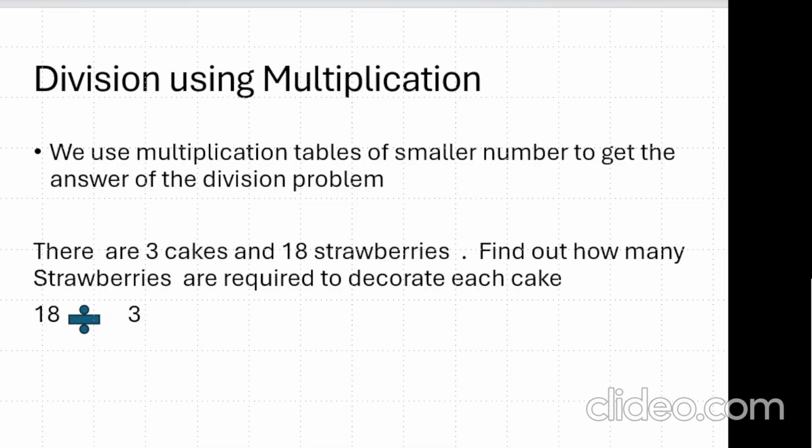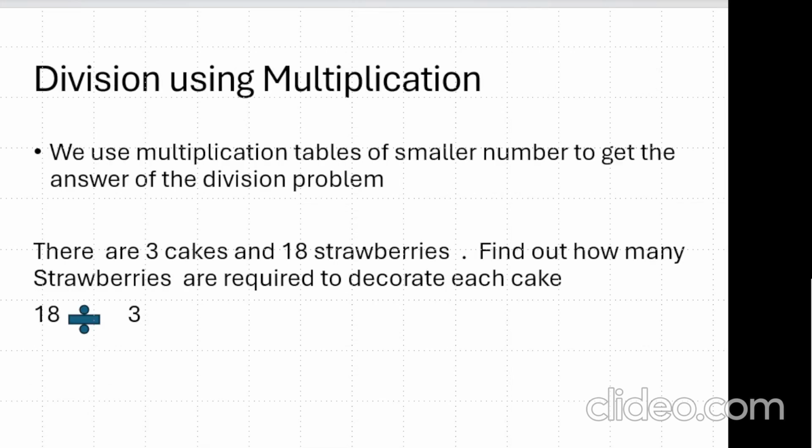There are 3 cakes and 18 strawberries. Find out how many strawberries are required to decorate each cake. If I have to write it in the form of an equation, I'll be writing 18 strawberries divided by 3 is equal to how much? Let us do, children, how we are doing this.